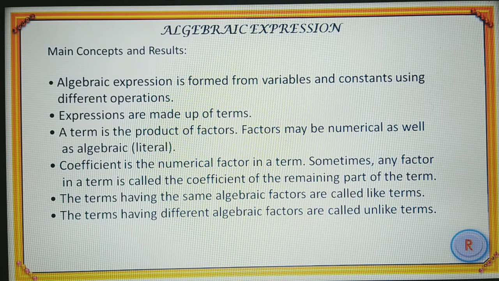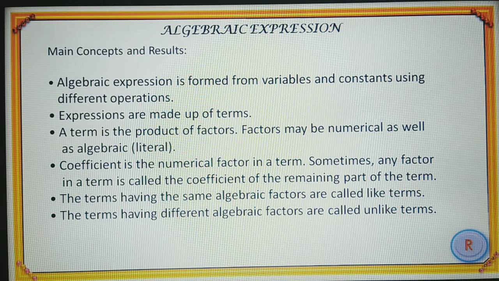A term is the product of factors. Factors may be numerical as well as algebraic. Coefficient is the numerical factor in a term. Sometimes any factor in a term is called the coefficient of the remaining part of the term.